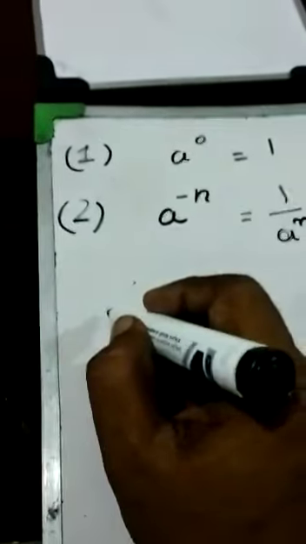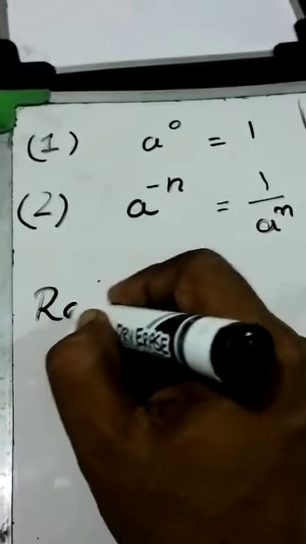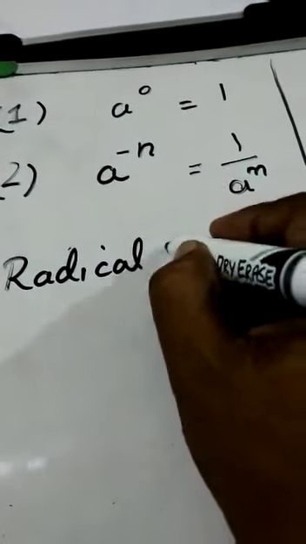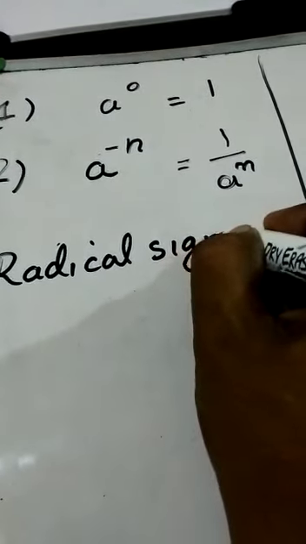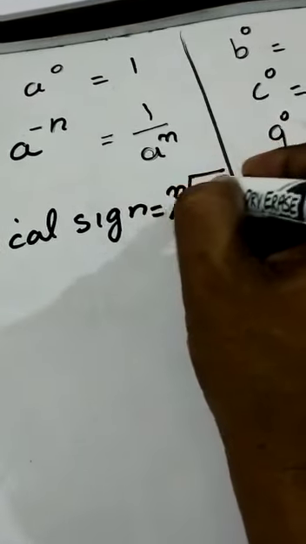Okay, now the third thing which we should understand is the radical sign. The radical sign is like this. This is the radical sign.